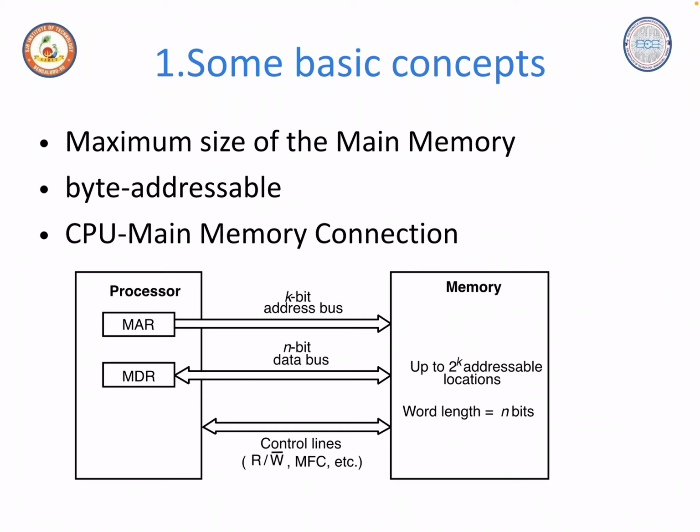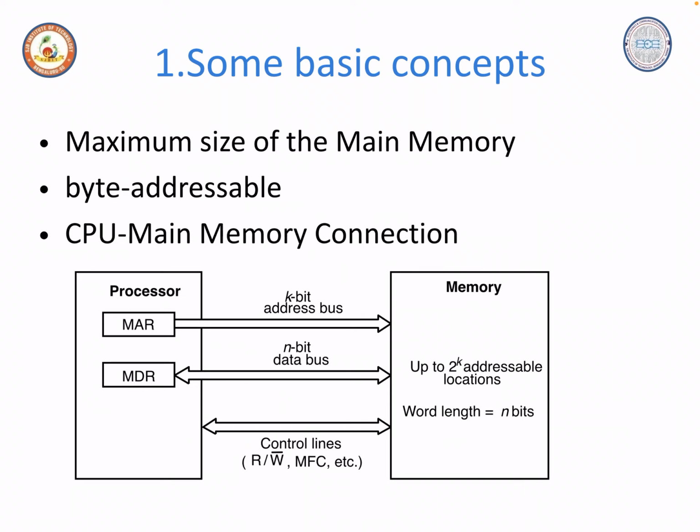For example, if k is 2, the 2 bits used for addressing the memory uniquely give combinations 00, 01, 10, 11, that is 4 combinations, 2 power 2.